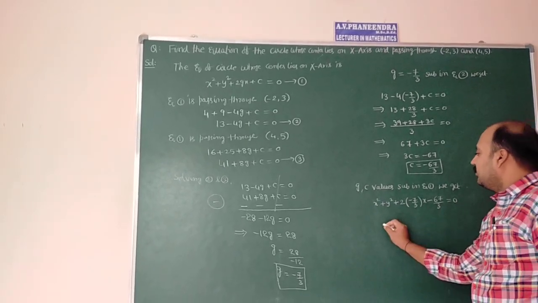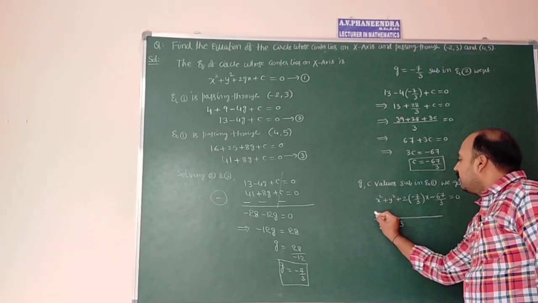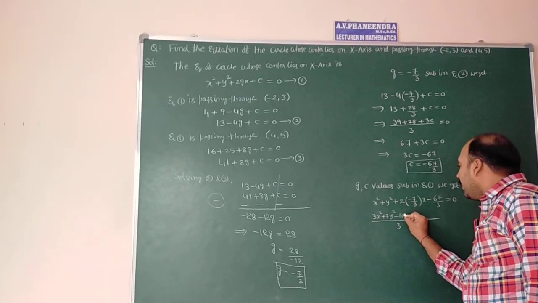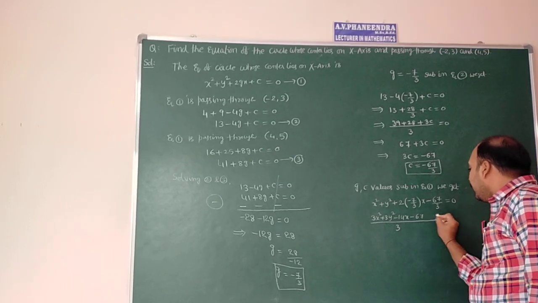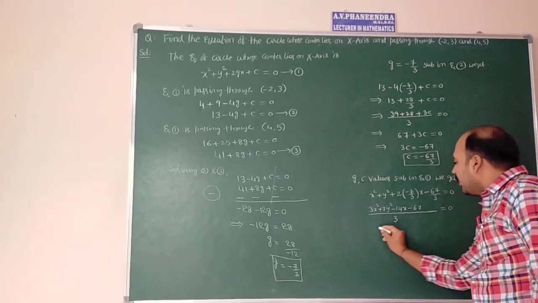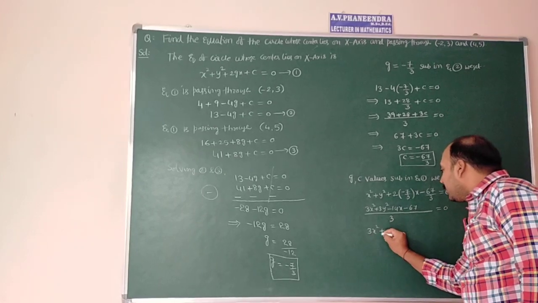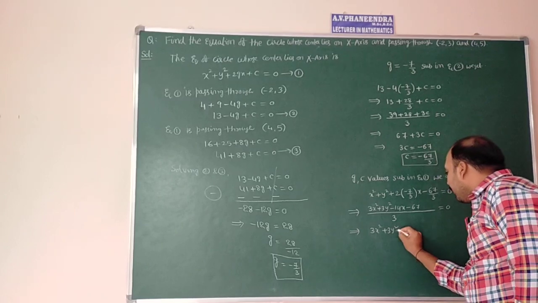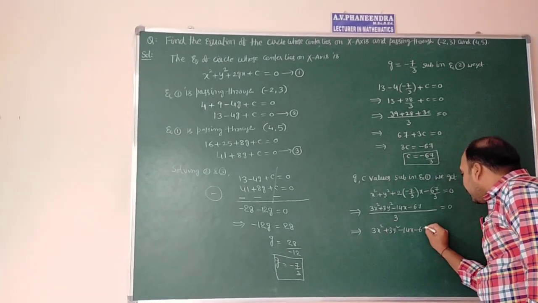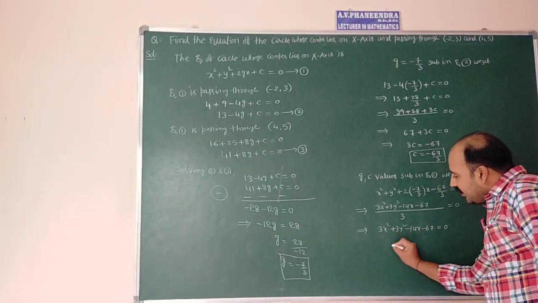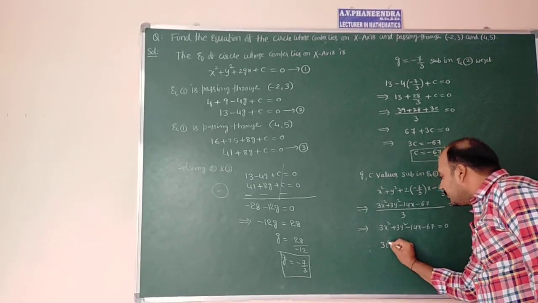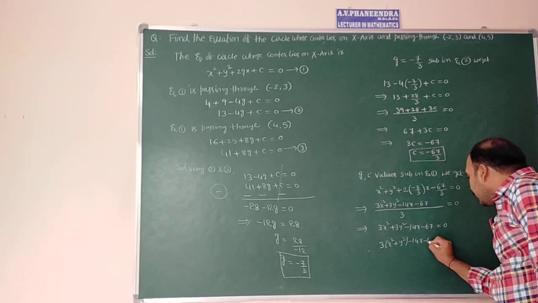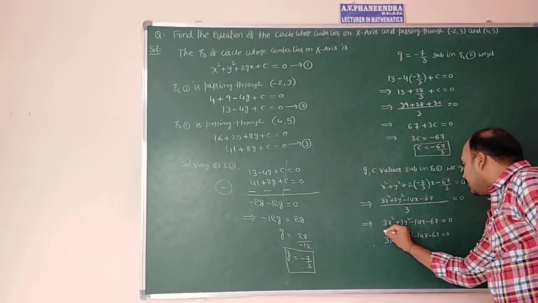Take LCM 3 here. 3x square plus 3y square minus 14x minus 67 is equal to 0. Cross multiply. 3x square plus 3y square minus 14x minus 67 equal to 0. Taking 3 common, therefore the required equation of circle is 3 into x square plus y square minus 14x minus 67 equal to 0.